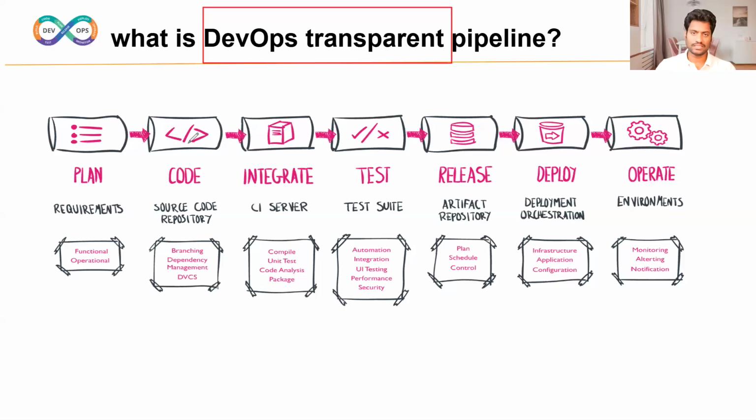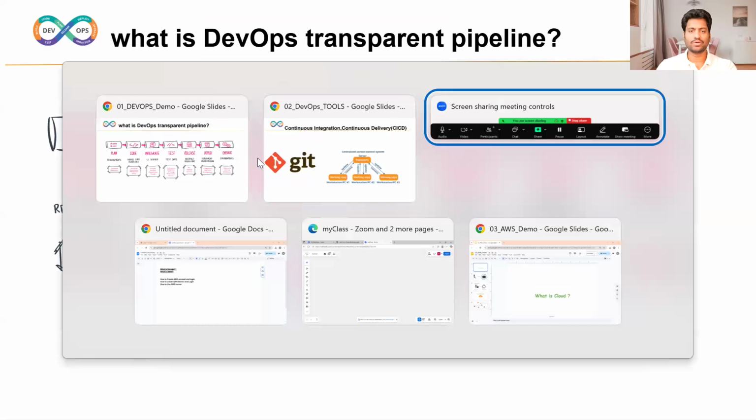For implementing this DevOps transparent pipeline, we require infrastructure also. What exactly is infrastructure? For deploying our application, what kind of infrastructure is required?